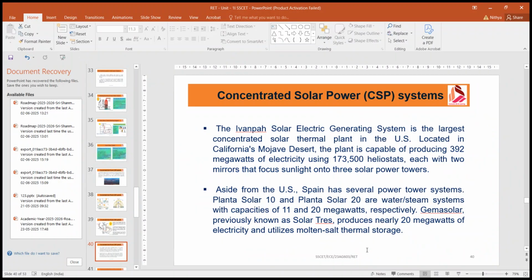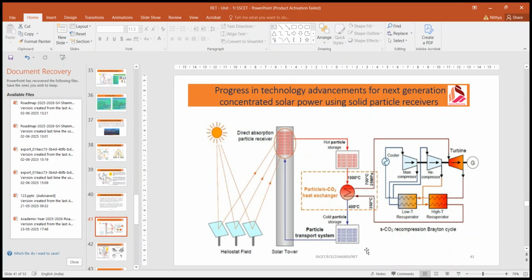This type of CSP system is mostly used in foreign countries and easily incorporated to produce electrical energy.